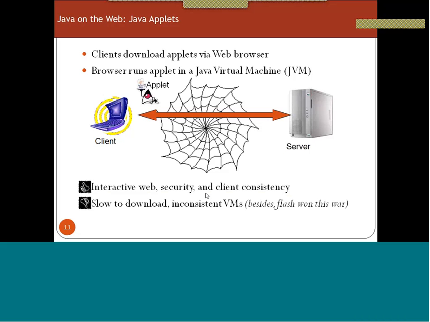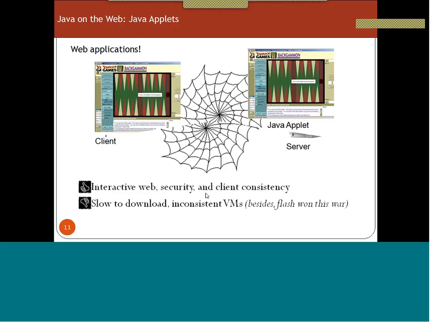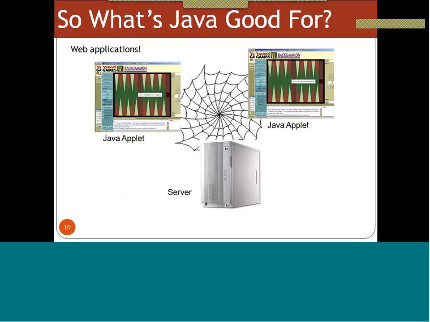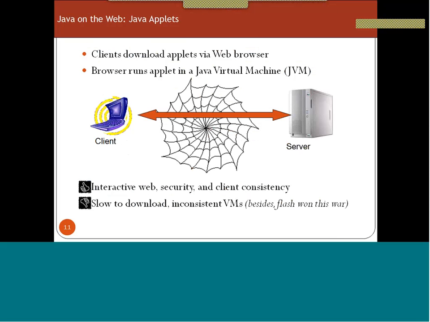Slow to download. That's what an applet is, a Java program. See here, when I say it is an applet, it is a Java program running, okay, on the server side, it is lying on the server side.